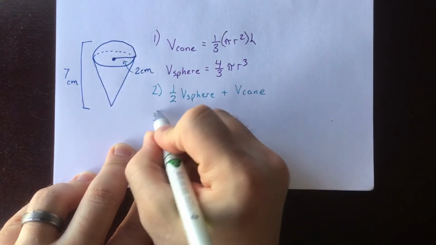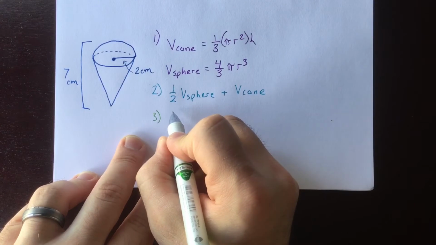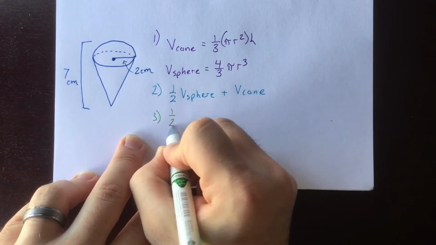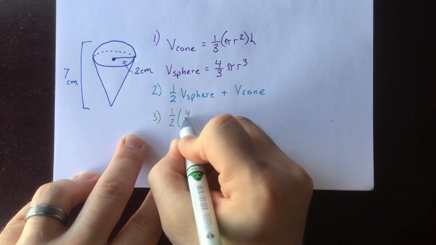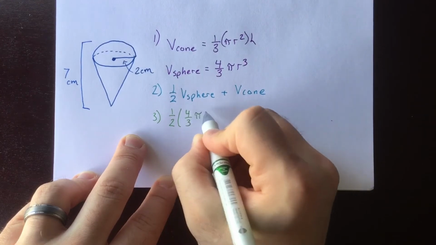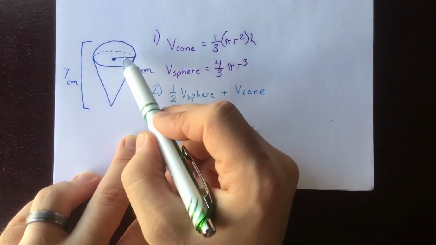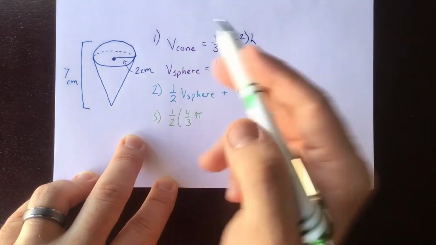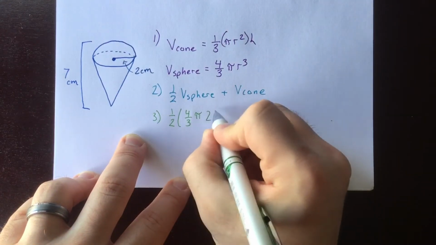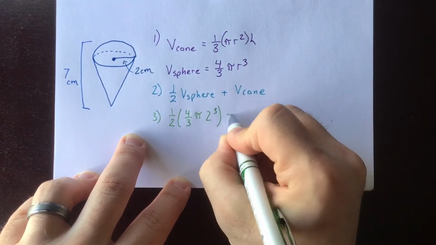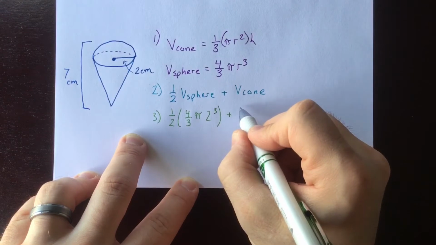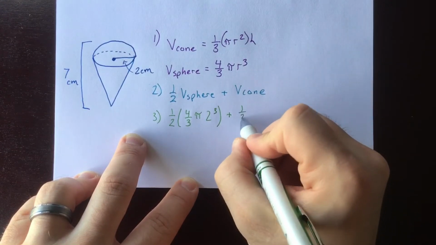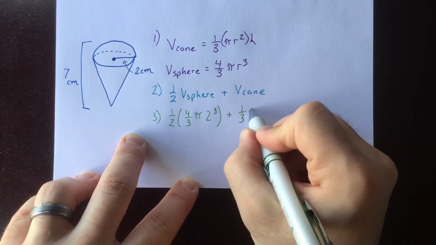So now we place everything in. So we have, in this situation, 1/2 times 4/3 pi. Our radius of the sphere appears to be 2, so 2 cubed. Okay, we're combining that with the volume of our cone, so 1/3 pi radius.